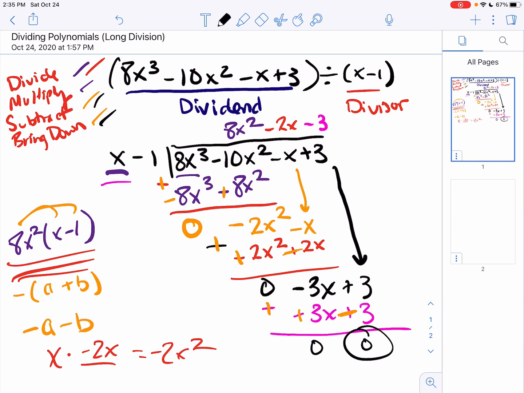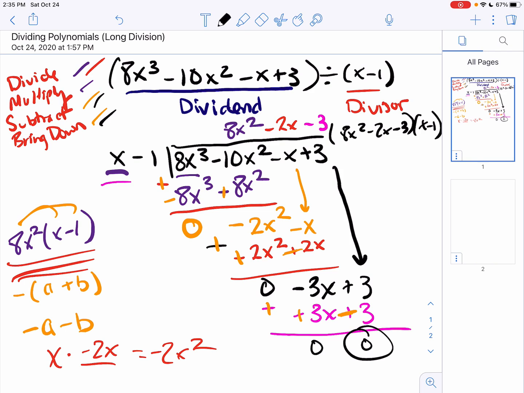Because I got 0, I know that this is true. I know that 8x squared minus 2x minus 3 times x minus 1 will give me the original problem, 8x to the third minus 10x squared minus x plus 3. You can check this by using the tabular method, if you would like. There is no remainder, and thus, 8x squared minus 2x minus 3 is a factor.